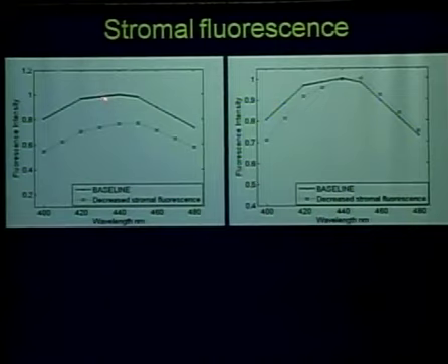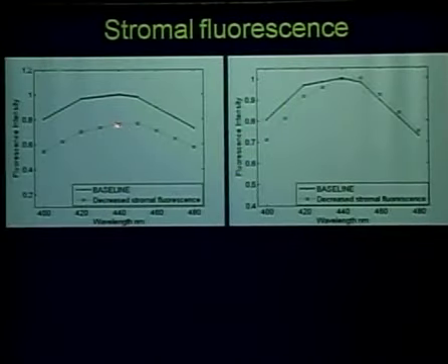Okay, here's our baseline case now, and now what I've done is I've dropped the fluorescence efficiency of just that superficial layer of the stroma. And you can see as I do that, I go from the baseline case down to the prediction, which is much more consistent with what we actually measure.